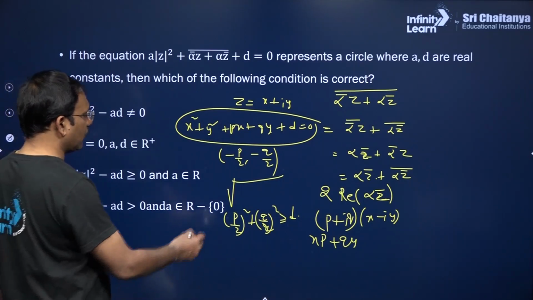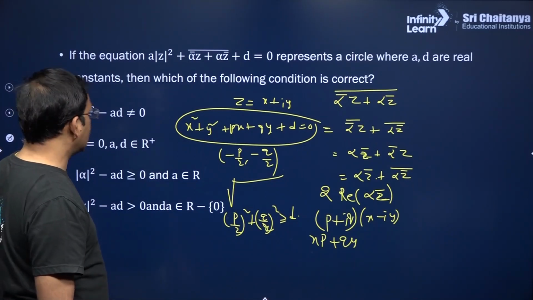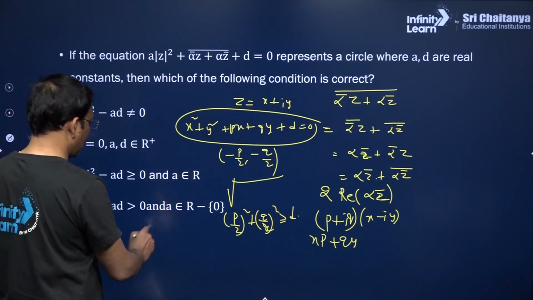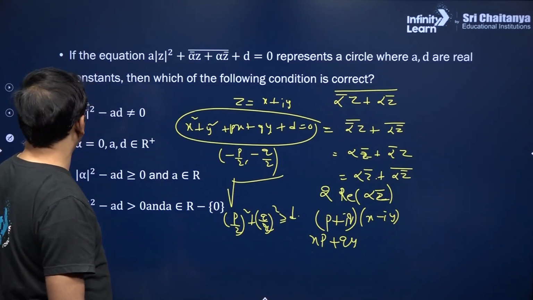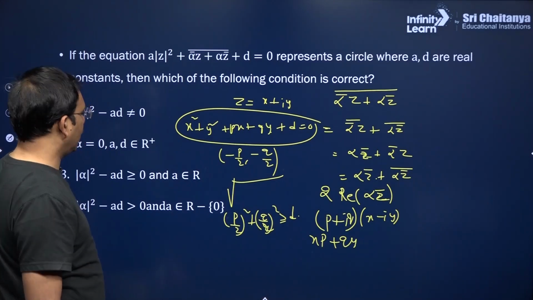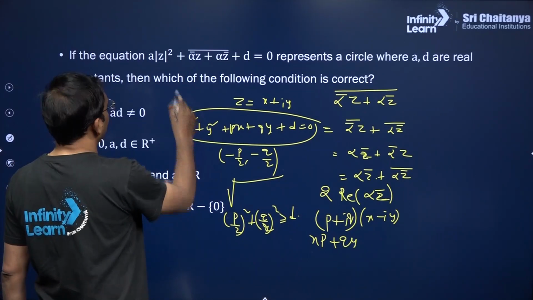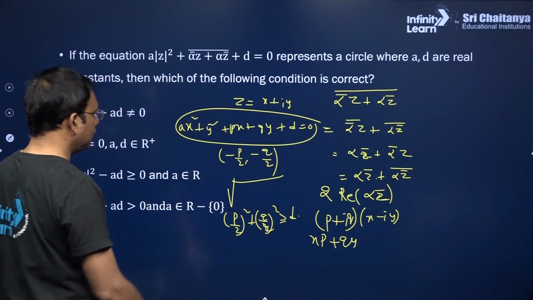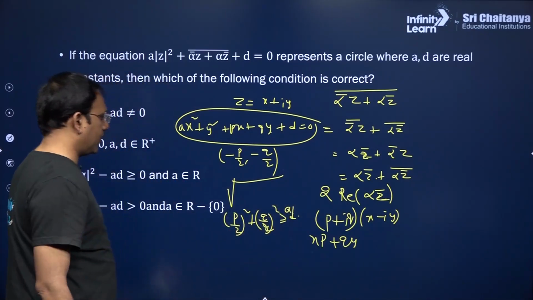You see, this one, center is minus p by 2, minus q by 2, radius is root of g square plus f square minus AC, my dear friends, minus AC means d. Okay, this is the circle equation. So az square is there, my dear friends, I forgot. So greater than or equal to AC is AD, my dear friends.